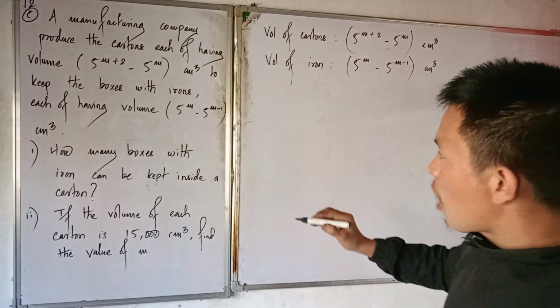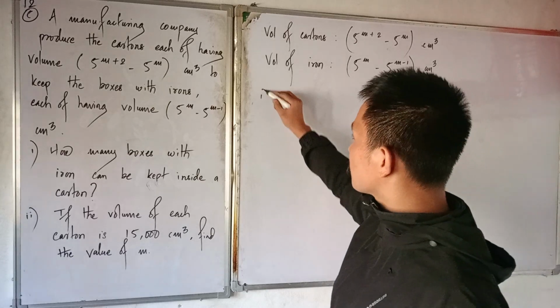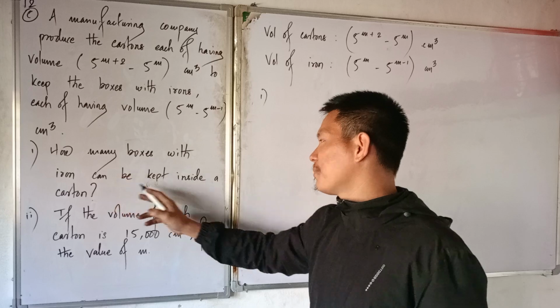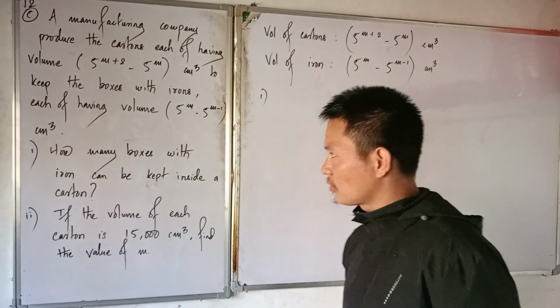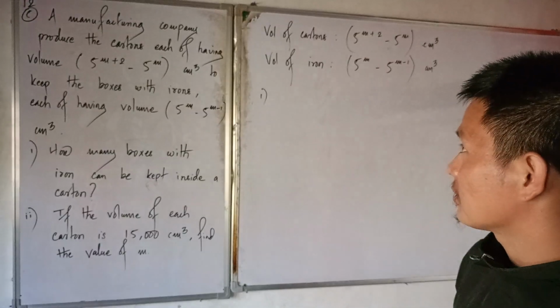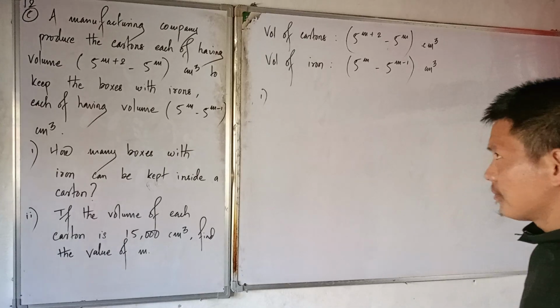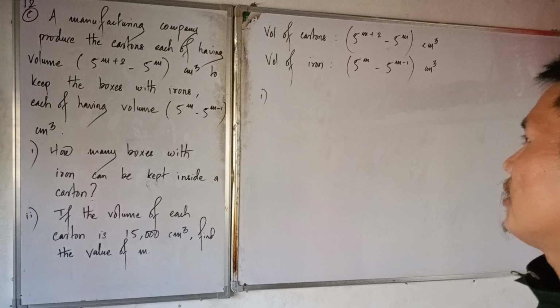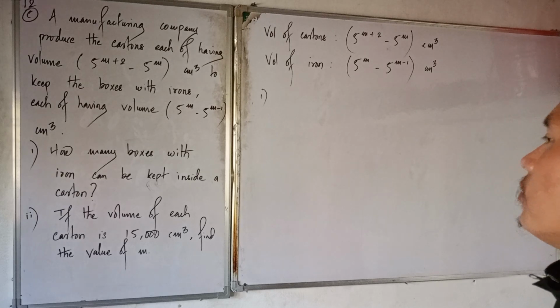So in part I, how many boxes with iron can be kept inside the carton? How many boxes with iron, having volume this?